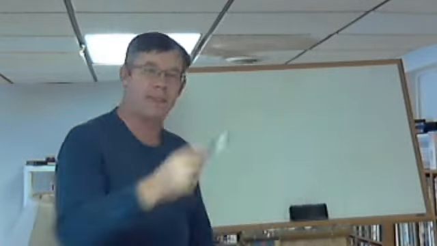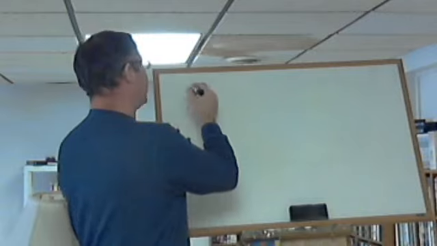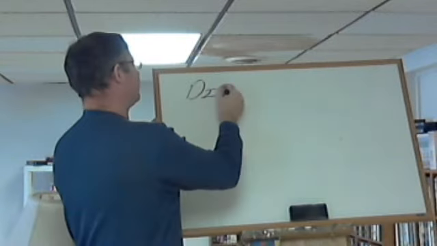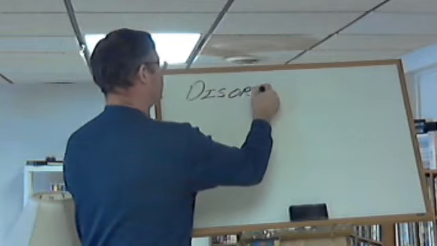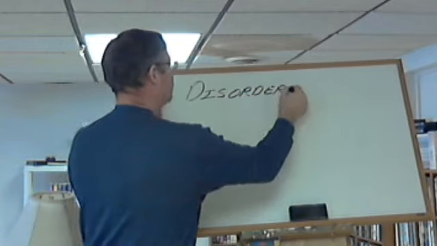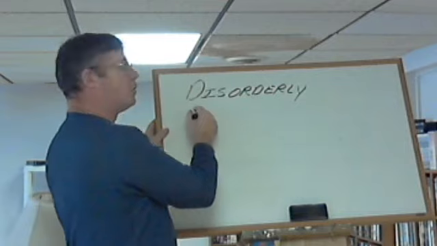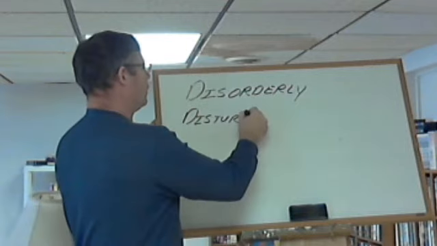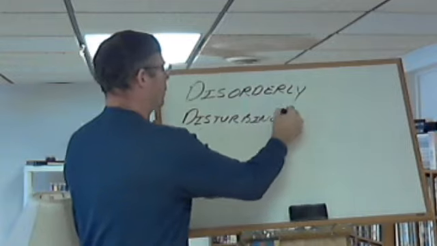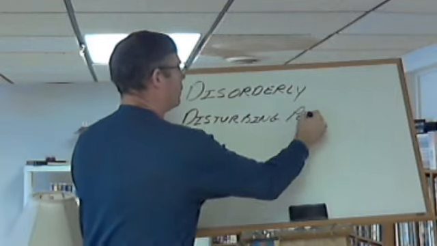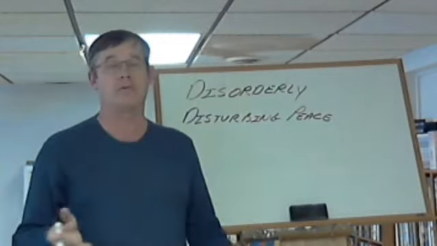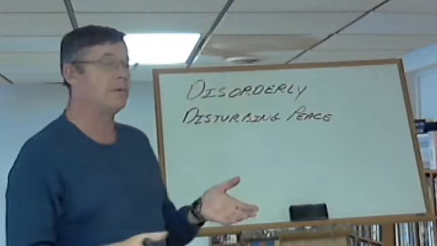All right, this is very simple. Public order crimes, disorderly conduct. Disturbing the peace. Okay? These are the primary ones we talk about.